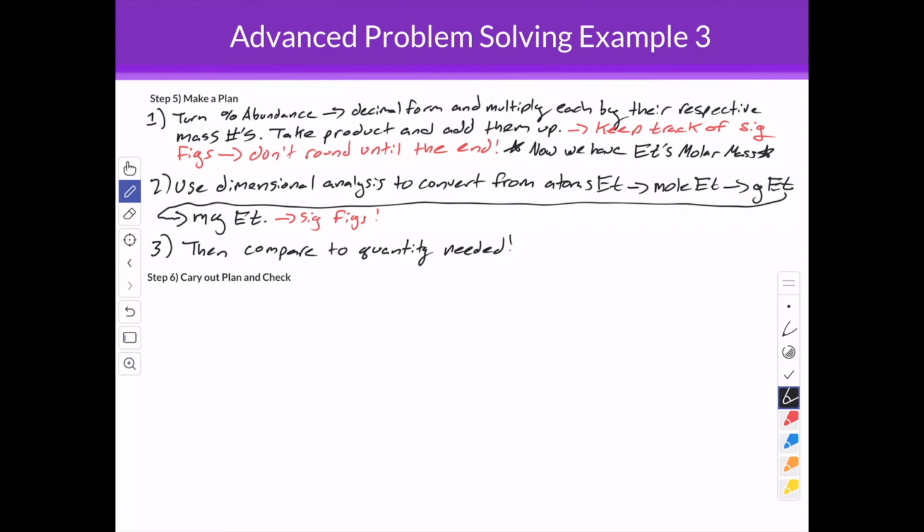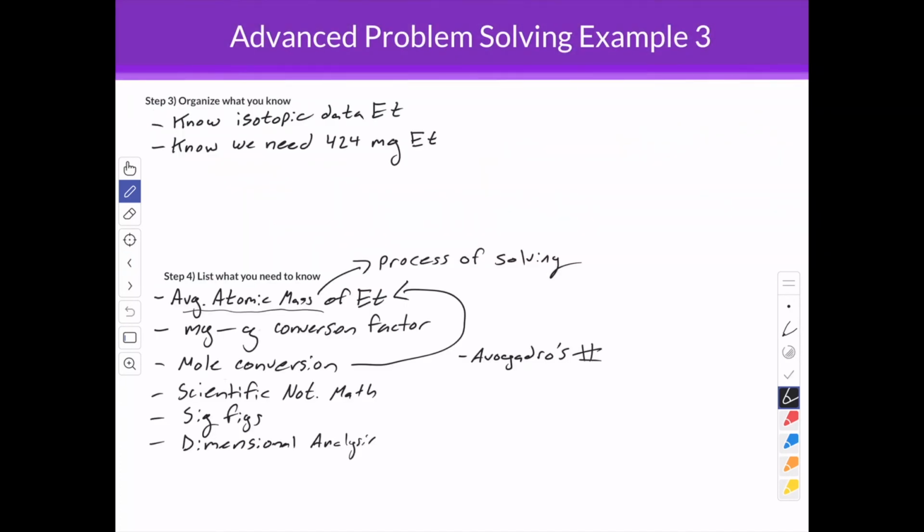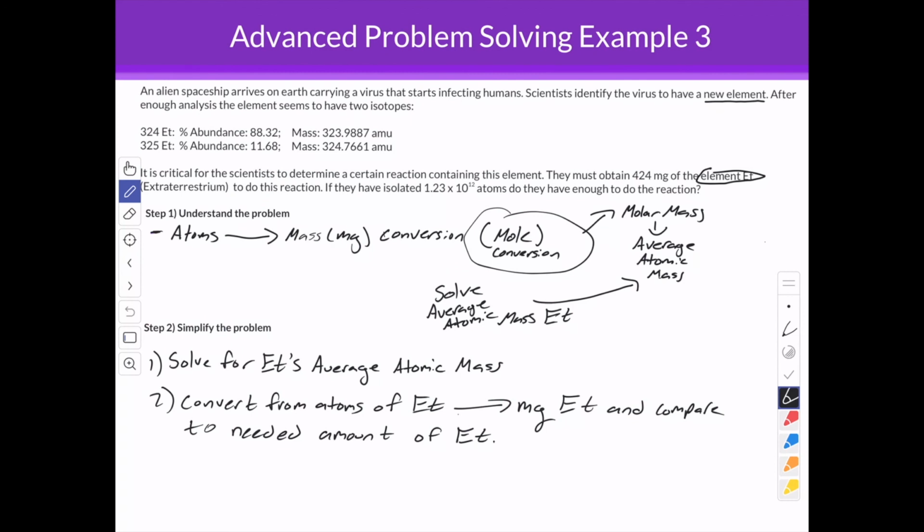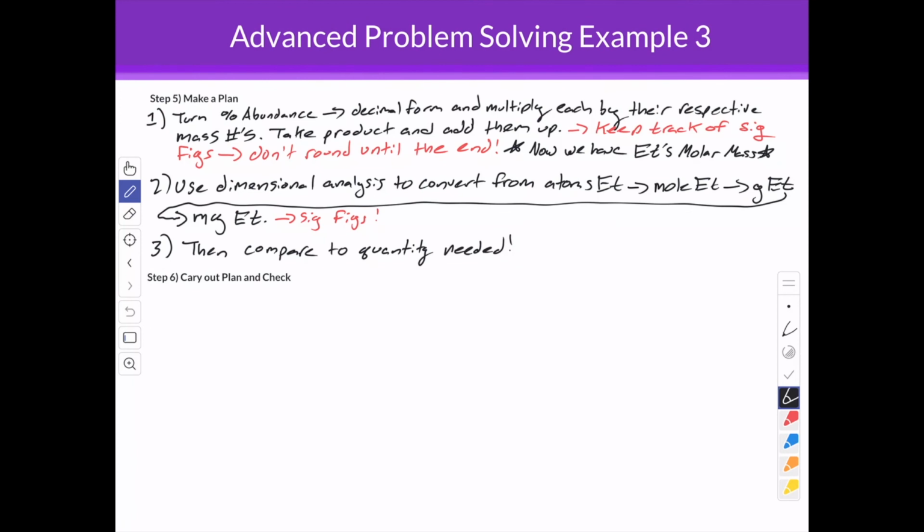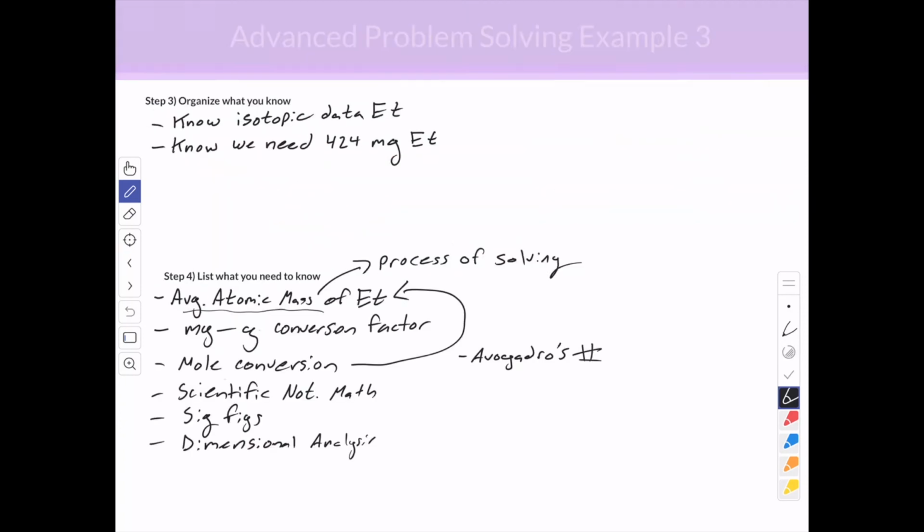All right, now we carry it out. So what are our percent abundances times our masses? Let's go back to step. All right, so 88.32 and 11.68. All right, decimal form, right? Oh, shoot. Sure, my decimals are clearly where they're supposed to be. Forget the isotopes.